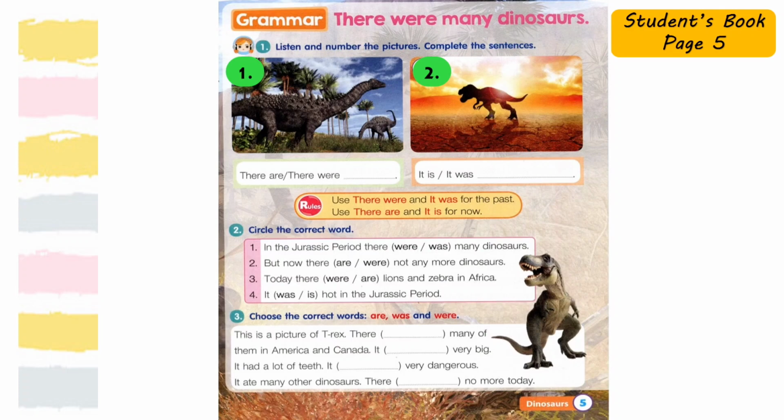Was is for singular or one noun, and were is for plural, 2 or more subjects, 2 or more nouns. What about there are and it is? So we use there are and it is for now.